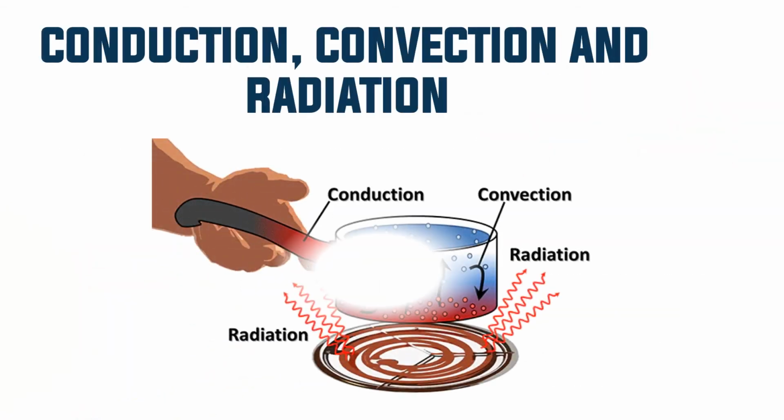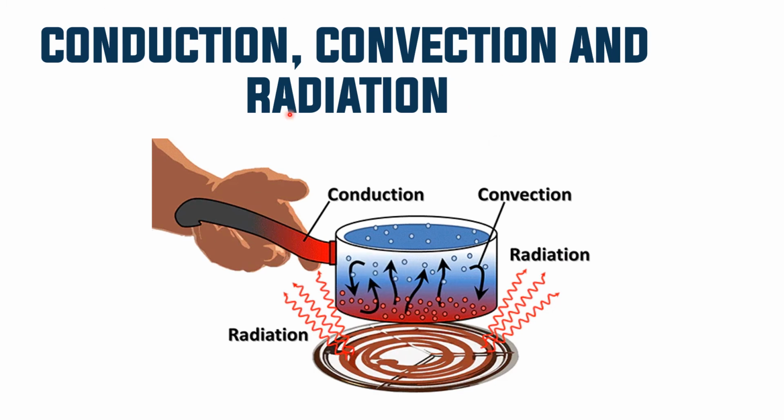Conduction, convection and radiation. This picture clearly shows the three processes of transfer of heat. First we studied conduction. Conduction is the transfer of heat, generally through solids, from one end to another end, or from the hotter end to the cooler end.